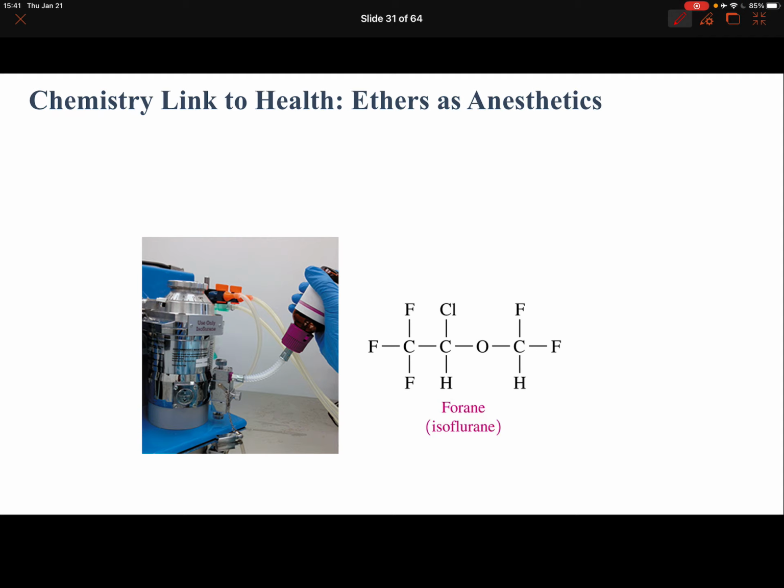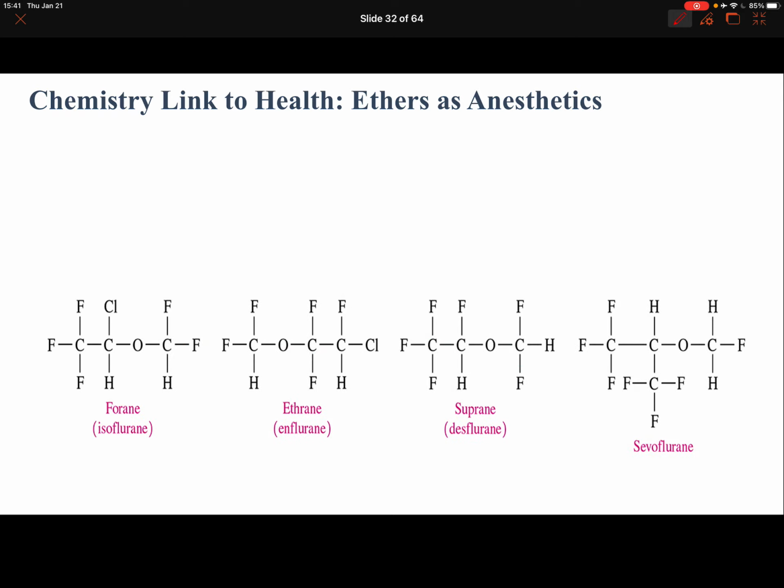This one is inhaled. You breathe this one in. You can see here it's an ether. It's got some carbons. It's got some halogens as well. Now, ether was used in anesthetics for hundreds of years until the 1950s, when new anesthetics were developed.